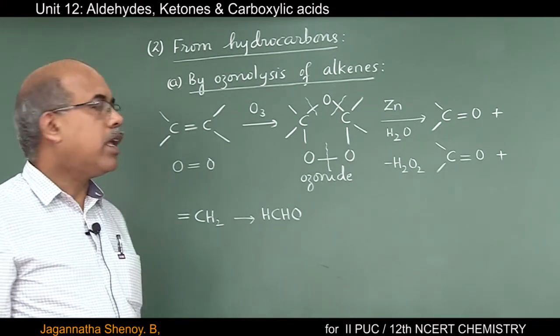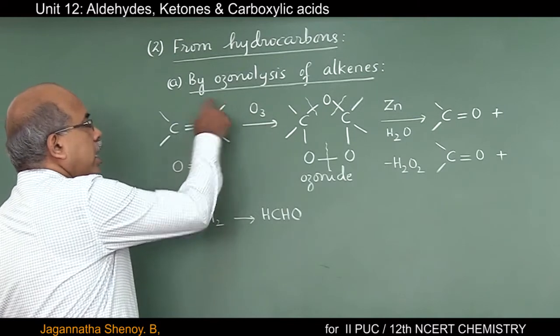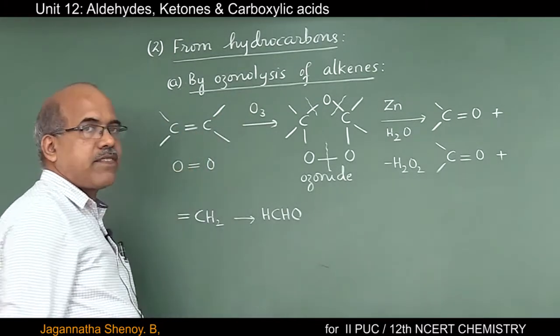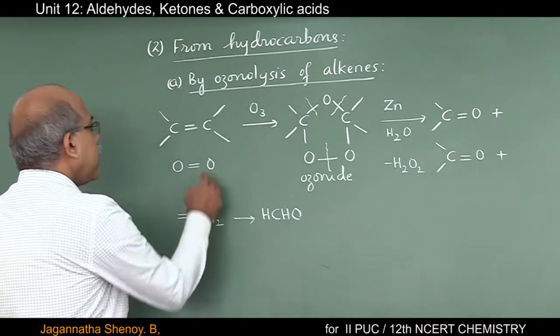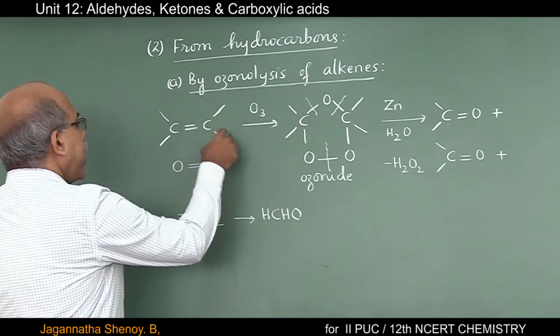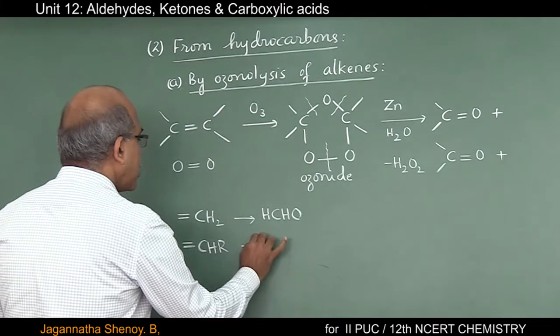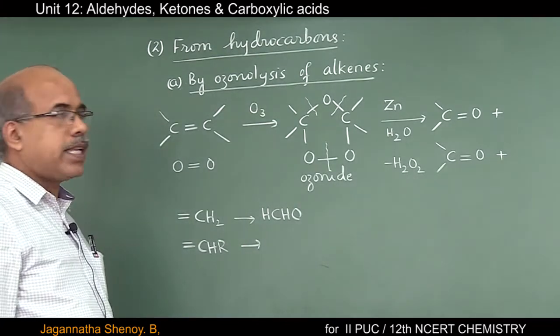Hope it is clear. On the other hand, imagine here one bond is satisfied by R and another bond is satisfied by hydrogen. In other words, the other possibility is this carbon with one hydrogen and one R. You have double bond CHR. What about the product formed in that case?